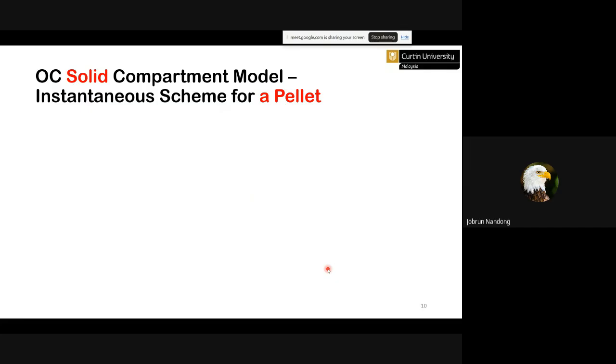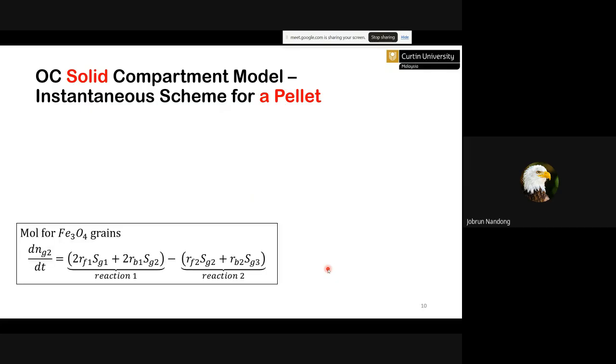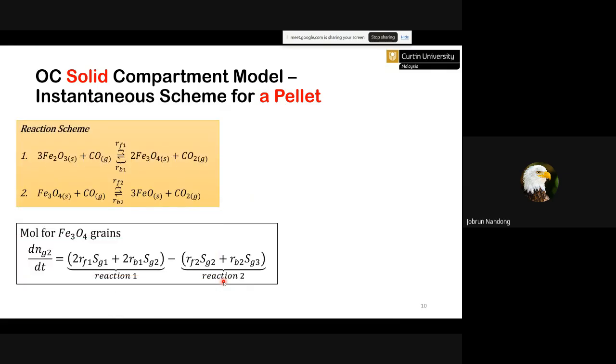Okay, next we move on to the second species, Fe3O4. Again, we just refer back to the scheme here. We produce the Fe3O4 through the first reaction, and of course we consume it through the second reaction. So this is the first reaction, right? That's consumed.